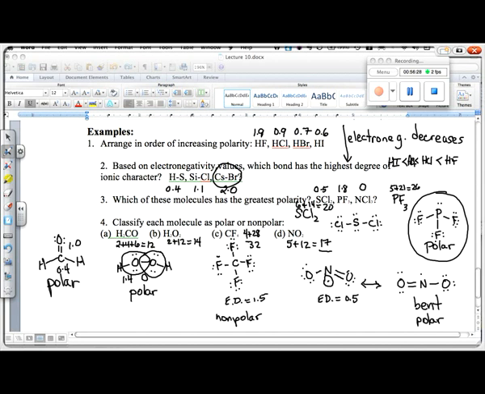So we have to have a way of predicting their properties, and this is how we do it, through this method of looking at the structure and how equal the sharing is in the molecules. All right, that concludes Lecture 10 and Exam 2 material.